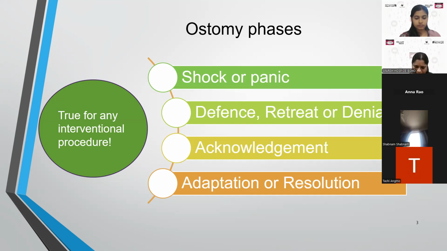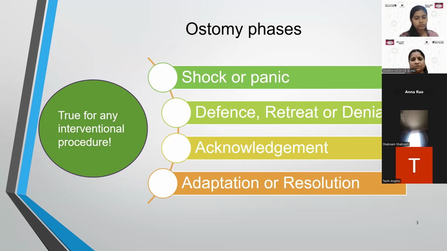The first phase may be acceptance of whether the patient has the disease. He may go into shock, or he may panic. Once you pronounce the diagnosis of any such life-limiting illness to the patient and relatives, both will have this first phase. Second, they may say that no, this cannot happen to me.